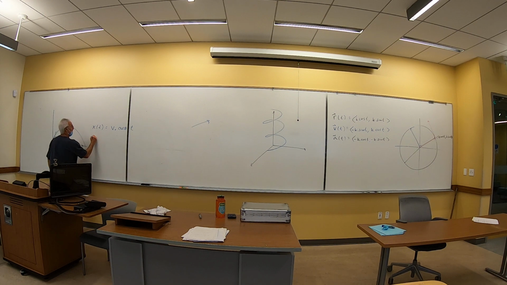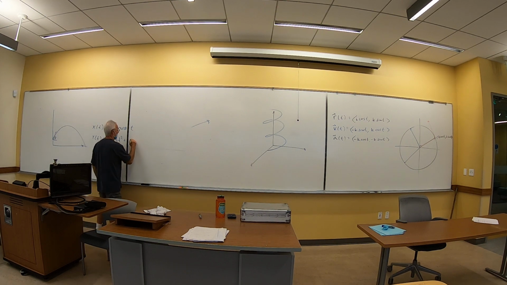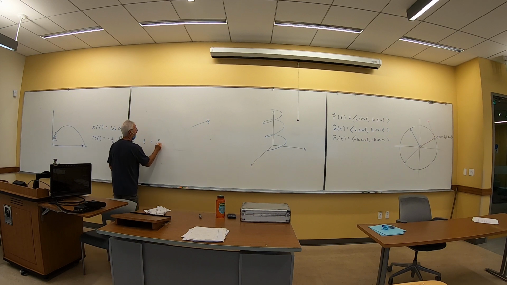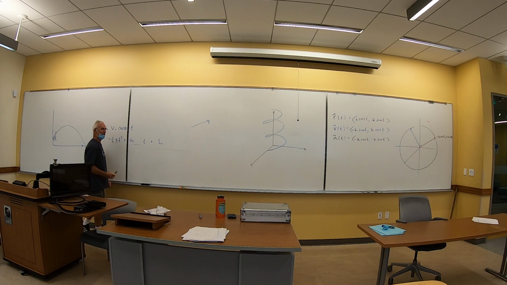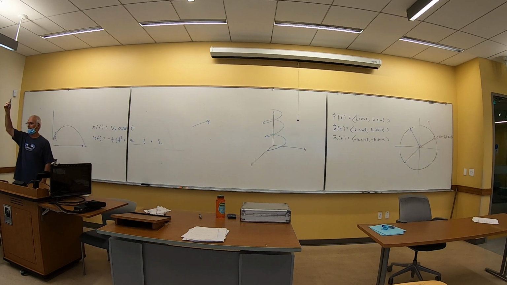What is y of t? Well, it's the same equation we just did a moment ago. It's -1/2 g t squared plus V0 t plus S0. I'm leaving a space here because I'm not throwing it straight up. I don't get all of it.